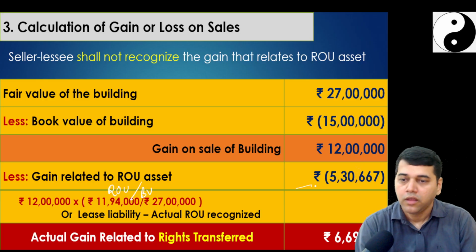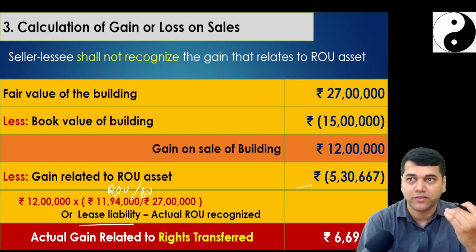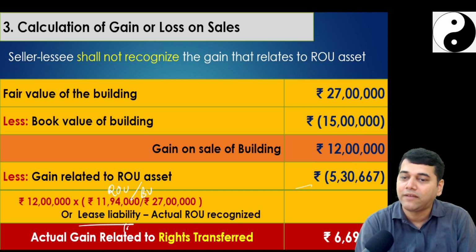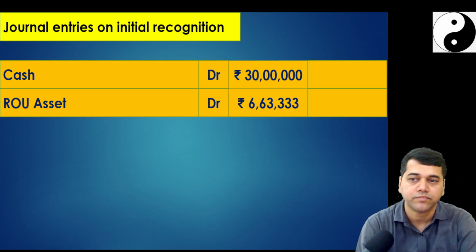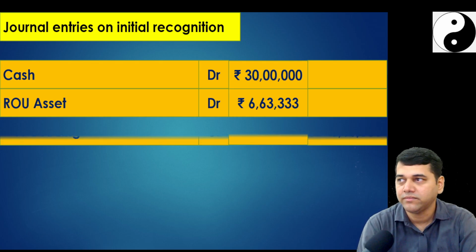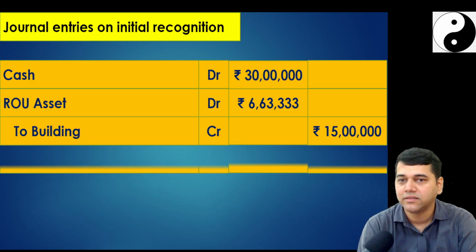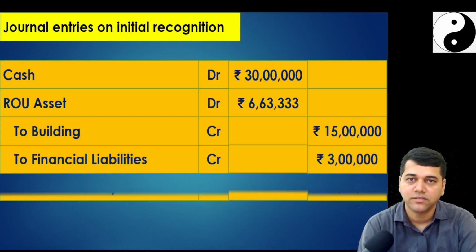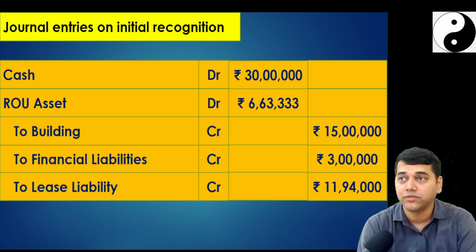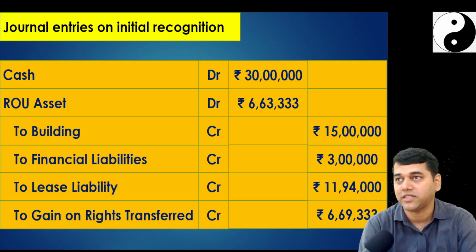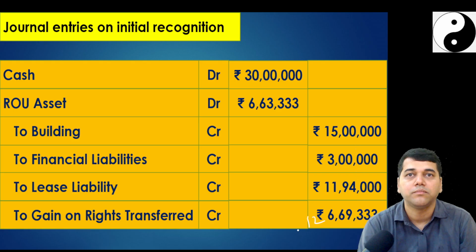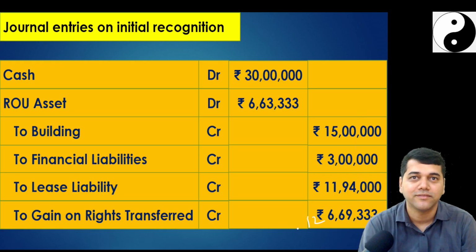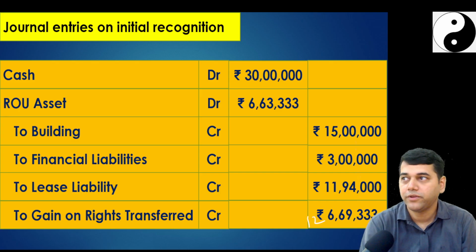Alternatively, you can see the lease liability, how much you recognize, 11,94,000 minus actual ROU, 11,94,000 minus 6,63,000, also gives you the same. So your accounting entry will be cash account debit 30, ROU 6,63,000, building 15 lakhs, financial liability 3 lakhs, lease liability 11,94,000, gain or loss 6,69,000. See, 12 lakhs would have come. Perfect. Any mistakes anywhere? I hope you are very clear about this concept.